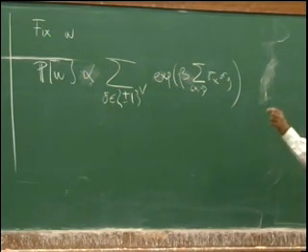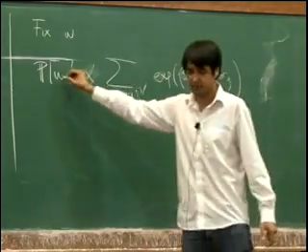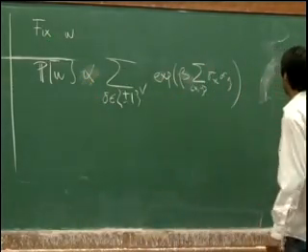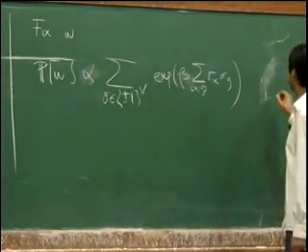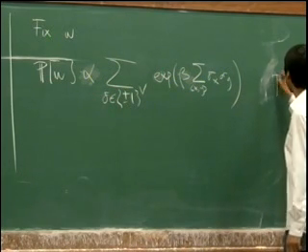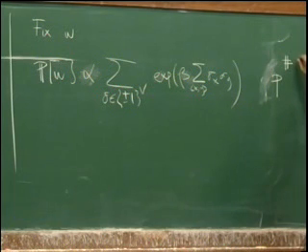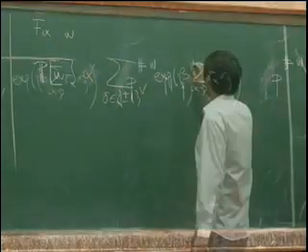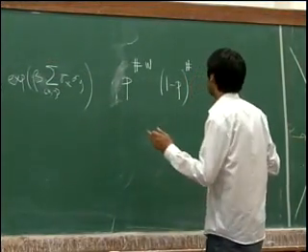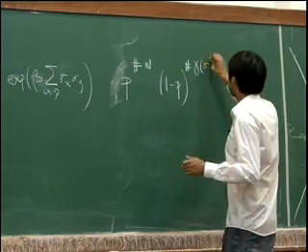For each of the edges, I know whether I want it in omega or not. So I have just p to the number of edges of omega times 1 minus p to the number of edges that are not in omega but were in gamma of sigma.